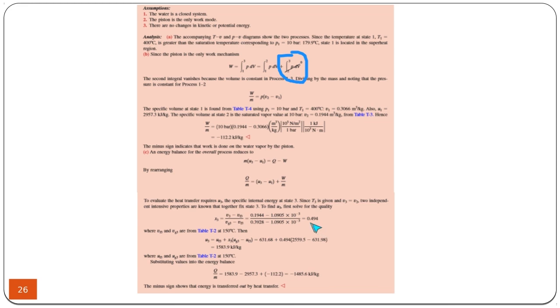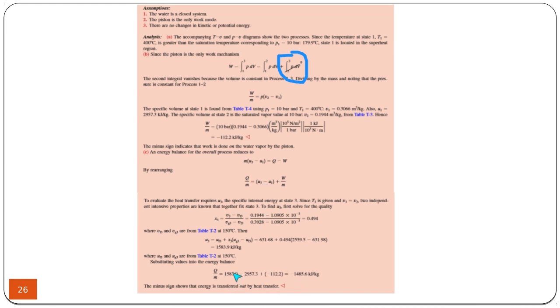So by using this quality of 50%, we can calculate the internal energy of the mixture. The internal energy of the mixture has always the same kind of calculation: the liquid internal energy plus the quality times the difference of the gas internal energy minus liquid internal energy. So we find the internal energy at the end of the second process to be 1584.